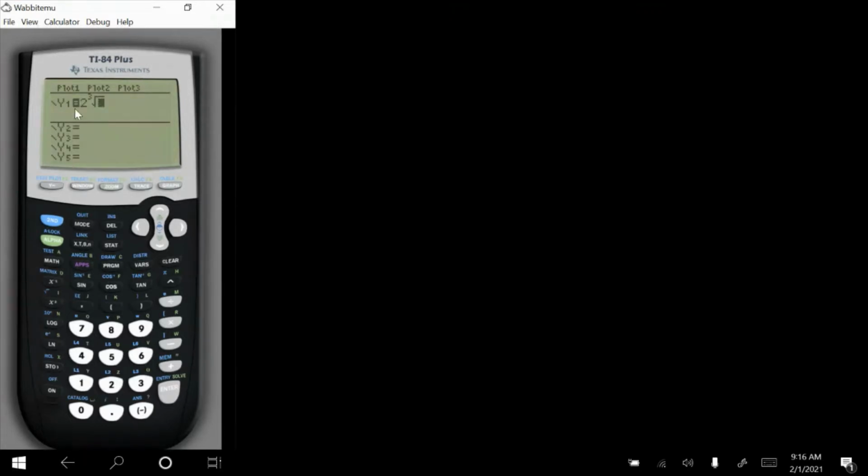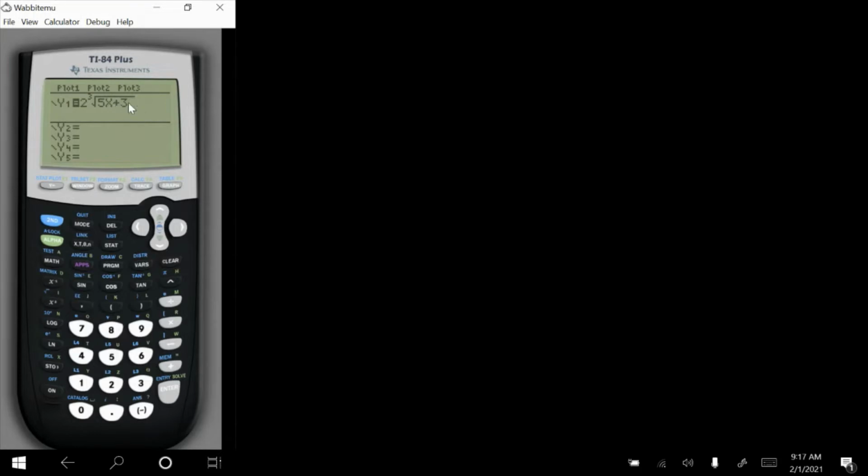And it brings you back to the Y1 row. And I'm inside what looks like a cube root radical expression. If you have an 83 or a different software than I do on the 84, you might see a cube root symbol with half open set of parentheses, which is fine. So regardless, we do want to type in 5x plus 3. And if you have an 83 or if you have a half set of parentheses, now is the time to close off your parentheses.